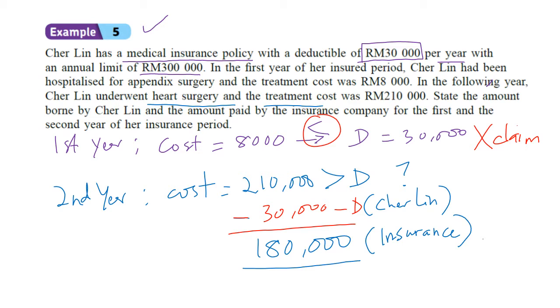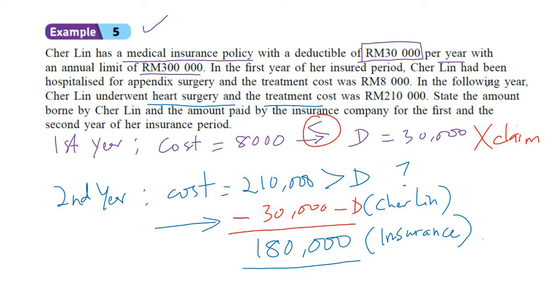Okay, so you can see now that the deductible, you have to pay first before you can claim the insurance, and your cost must be more than the deductible. Only then you can claim.